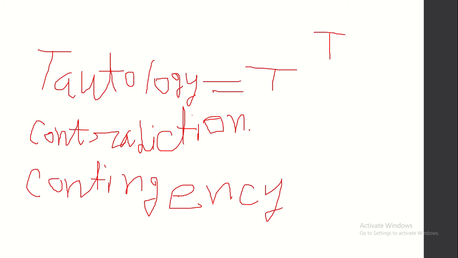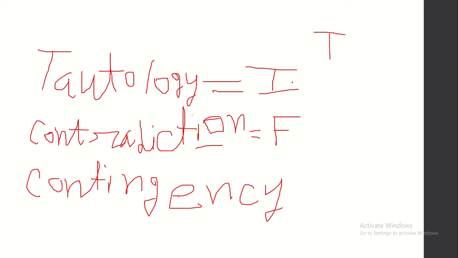So what is contradiction? Contradiction is the opposite of tautology: it will give us false for whatever the input is. That means whatever we give it as input, it will always return false. So if all the outputs are false, then it is a contradiction, and if all the outputs are true, then it is a tautology. Then what is contingency?